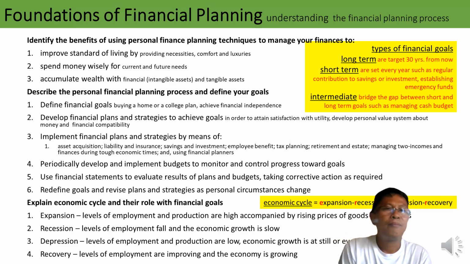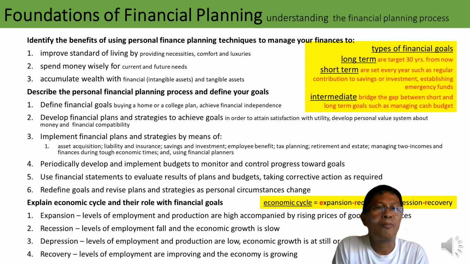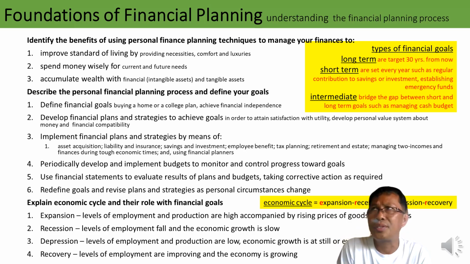Next, you are going to describe your personal financial planning process in order to define your goals. So how are you going to do it? You have to define your financial goal. What are your goals? Long term, short term, intermediate.